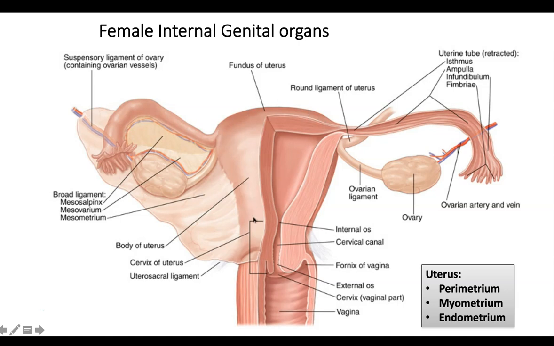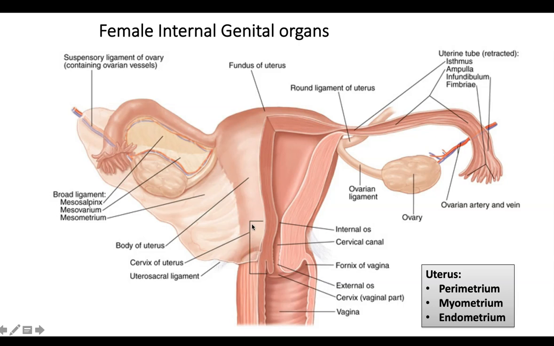Then there is the body of the uterus, and the narrow part which goes inside the vagina is the cervix of the uterus. The junction of the body and the cervix is called the internal os. The cervix projects inside the vagina, and there is another opening inside the vagina, called the external os.